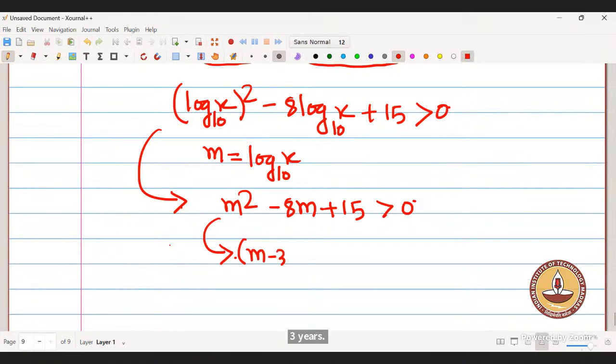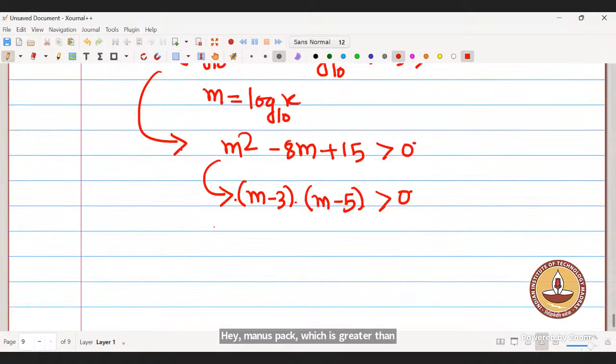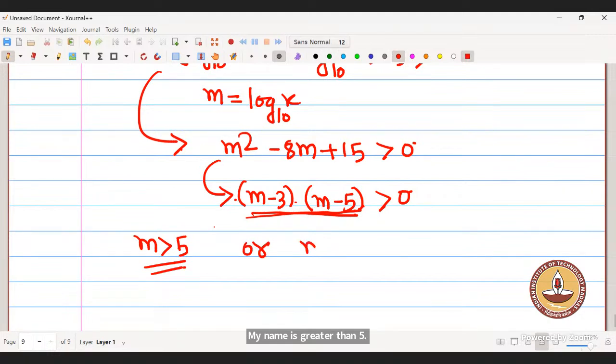Correct. m minus 3, m minus 5, which is greater than 0, right? So under what assumption is this expression greater than 0? When m is greater than 5, or m is less than 3, right?